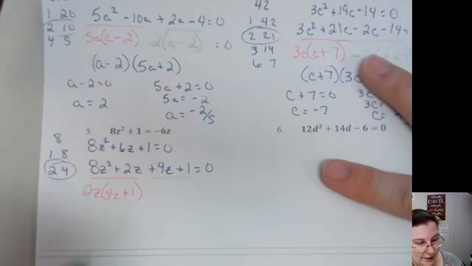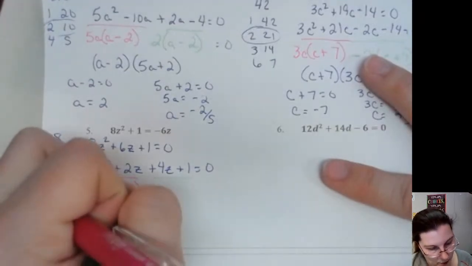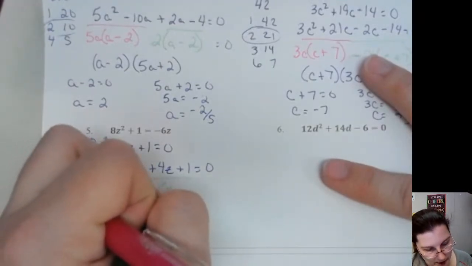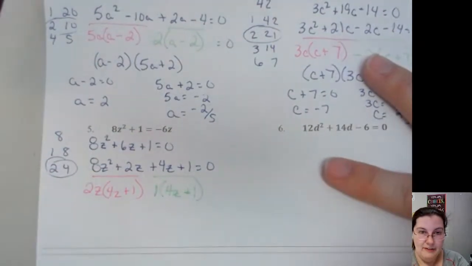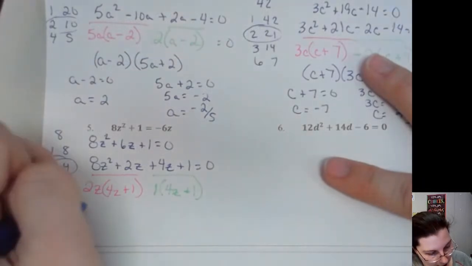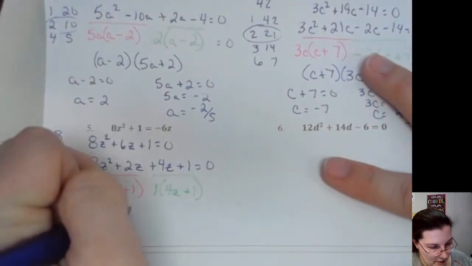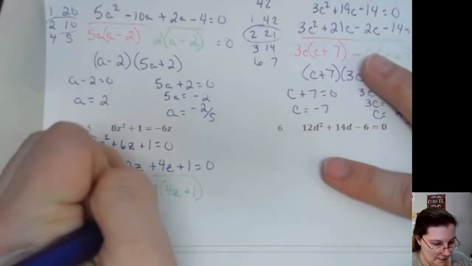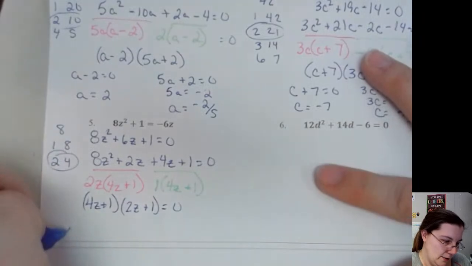And on the other side, the only thing I can factor out is a 1. So I'm going to pull a 1 out, and I'm left with 4z plus 1. So now my greatest common factor between these is that 4z plus 1. So 4z plus 1 times 2z plus 1 equals 0. So again, divide and conquer.